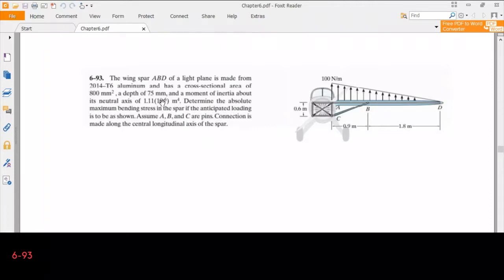Okay, so the distance to the surface is 75 millimeters. Distance of this structural member to the surface of the wing is given as 75 millimeters, and its bending moment of inertia is also given. Okay, so let's see how we are going to handle this problem.